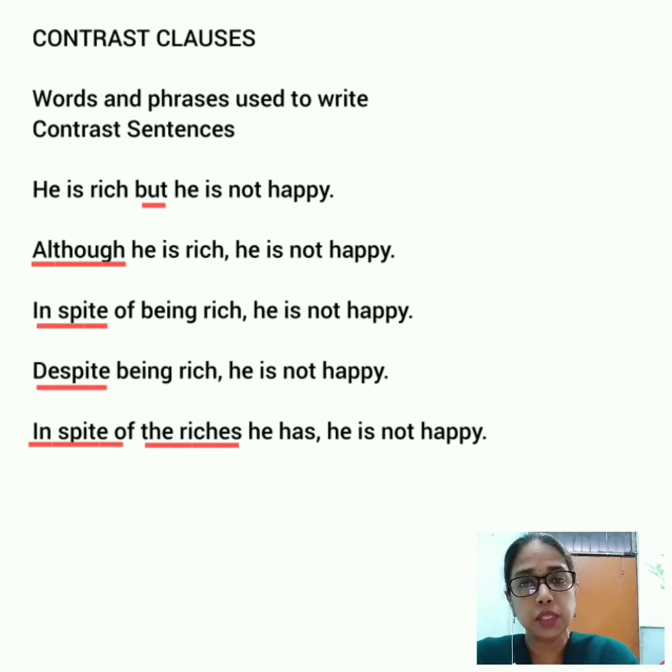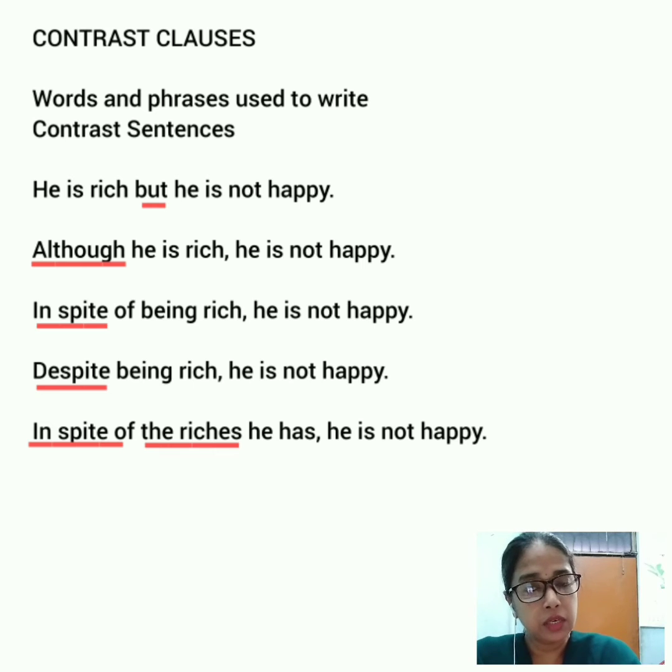Then the same sentence, children, can also be written by using a noun phrase after in spite or despite. Like for example, in spite of the riches or wealth he has, comma, he is not happy. So here I have used the noun phrase the riches or the wealth.